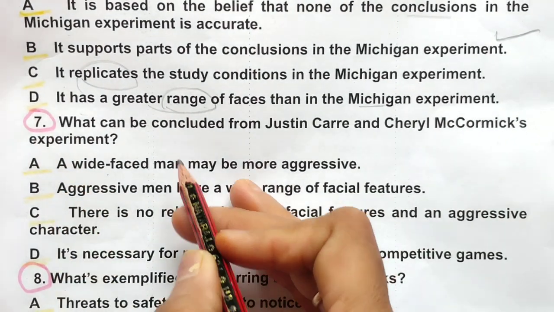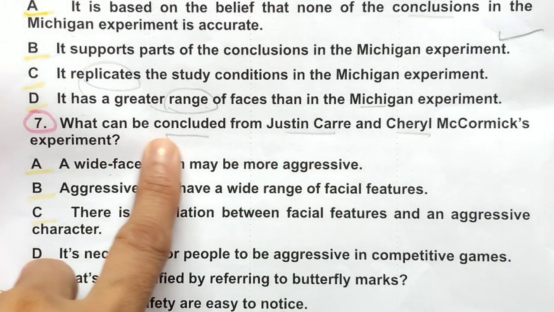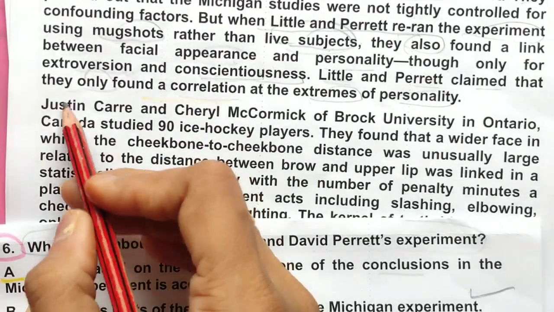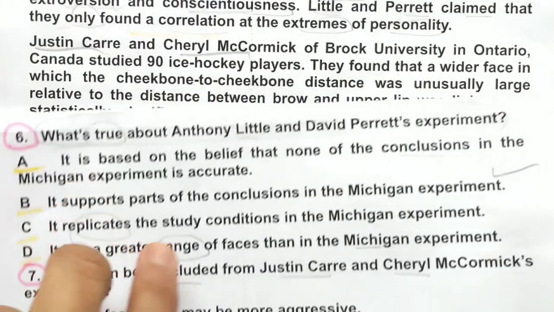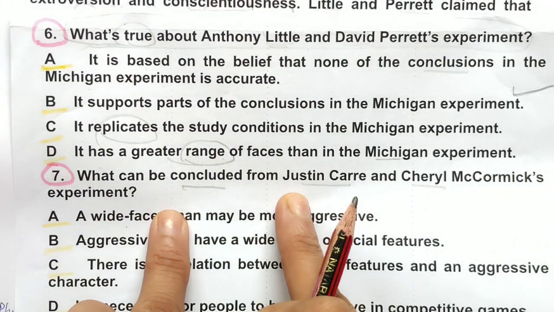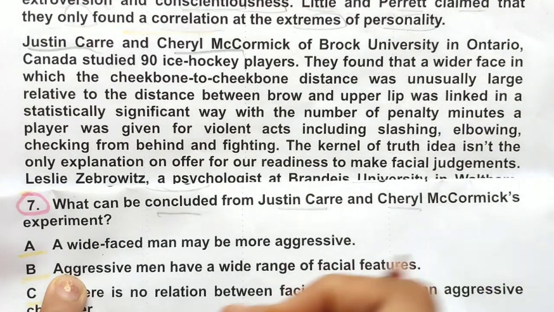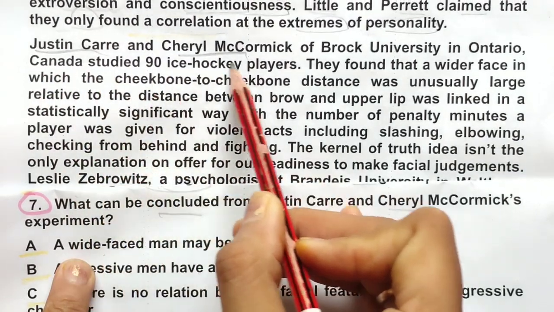Seventh, what can be concluded from Justin and this person's experiment? Okay, so first find these persons' names. In the next paragraph I can see this person's name. So now what we have to find is what can be concluded from this experiment. Okay, let's read it. Now here they are saying, this is unnecessary information.